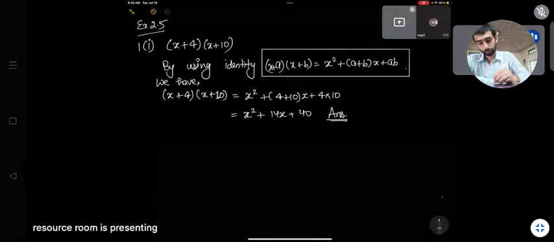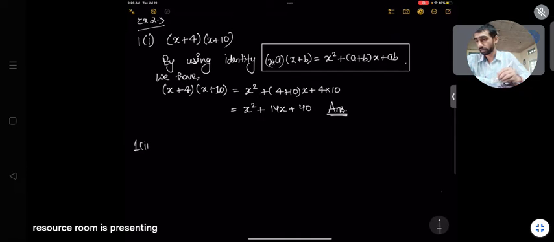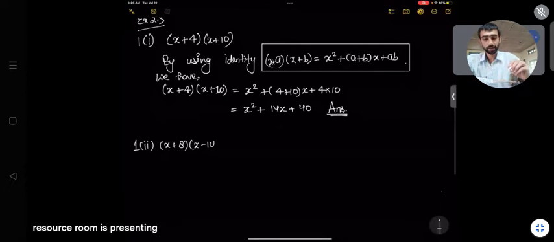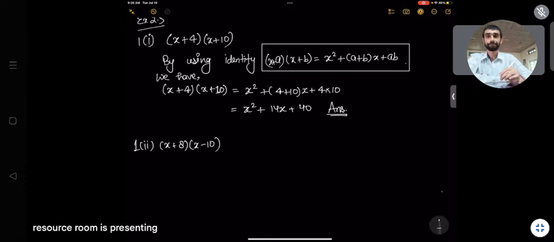Now I'm doing the first question, second part. It is saying x plus 8 and x minus 10. Next, which identity will we use here? Birjit, which identity will we use, beta?